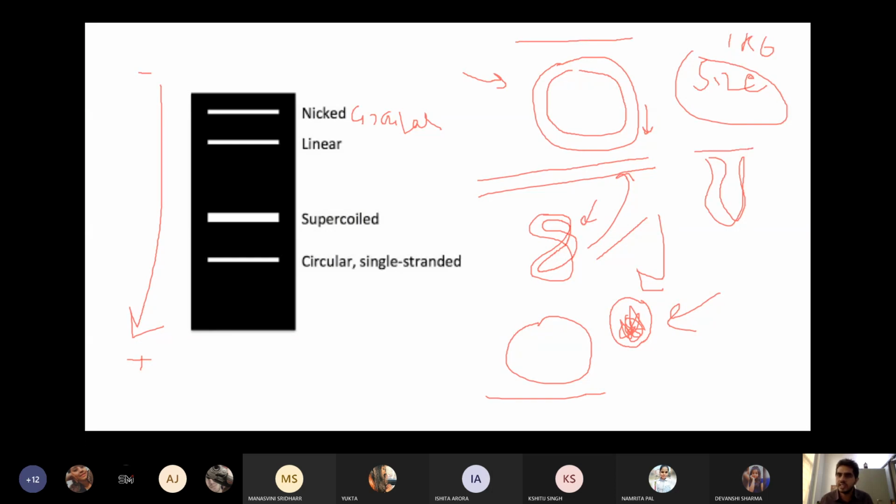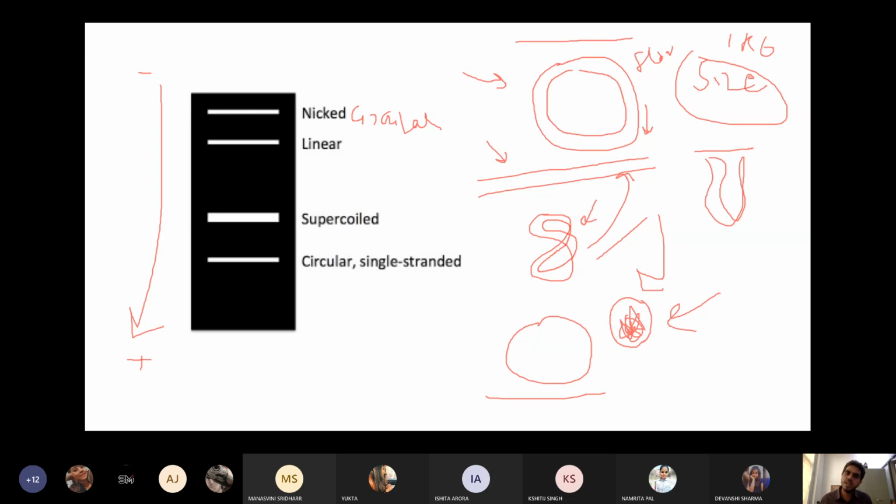So that's the reason your nicked circular is moving slowest, because it is circular. It can't change its shape, its topological changes are restricted. Whereas in the case of linear, it can do some, but it can't do much.